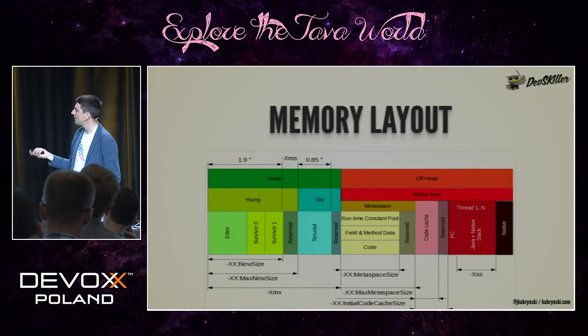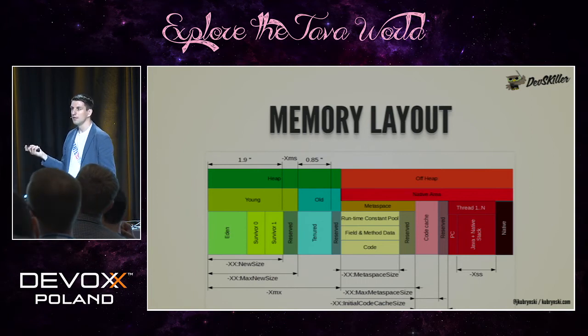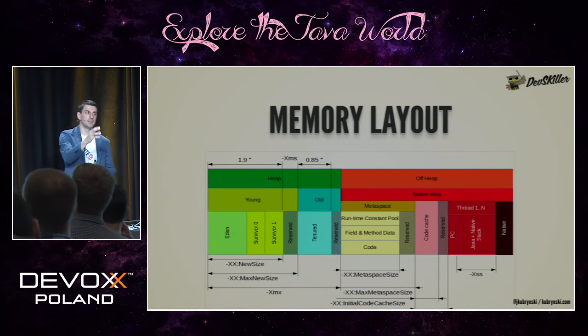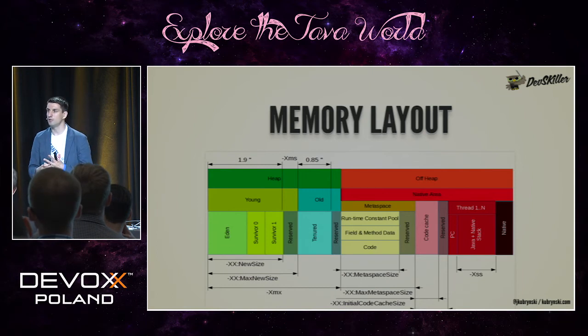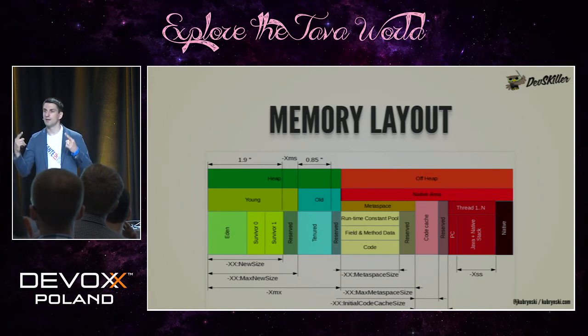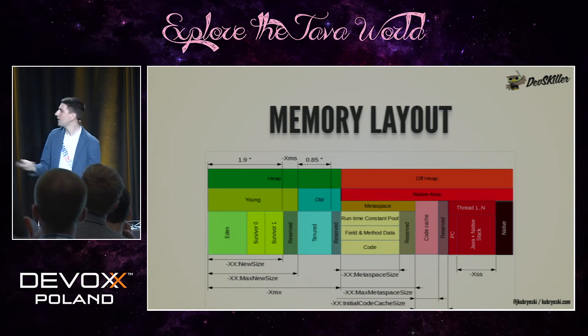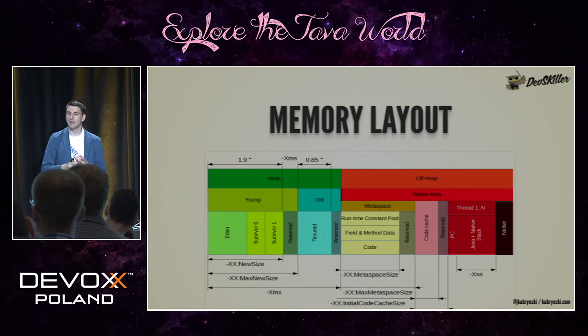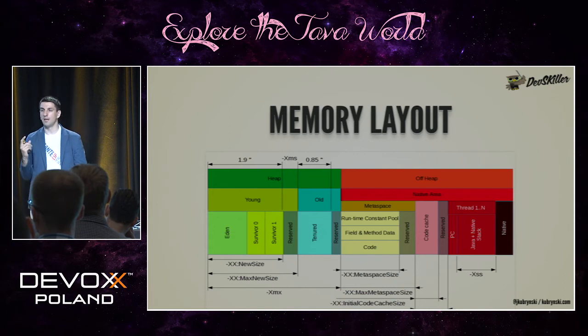And why is it important to know about this memory layout? Because as you can see, the Xmx is just here. Okay? So many people think that when they set Xmx to 4 gigabytes, it means that their Java application will be using 4 gigabytes of memory. And that's generally not true. It can use even 16 megabytes more, even if for the heap we use only 4 gigs. So when you have 10 gigabytes of memory, it doesn't mean that you can run 2 applications, each using 4 gigabytes of heap.